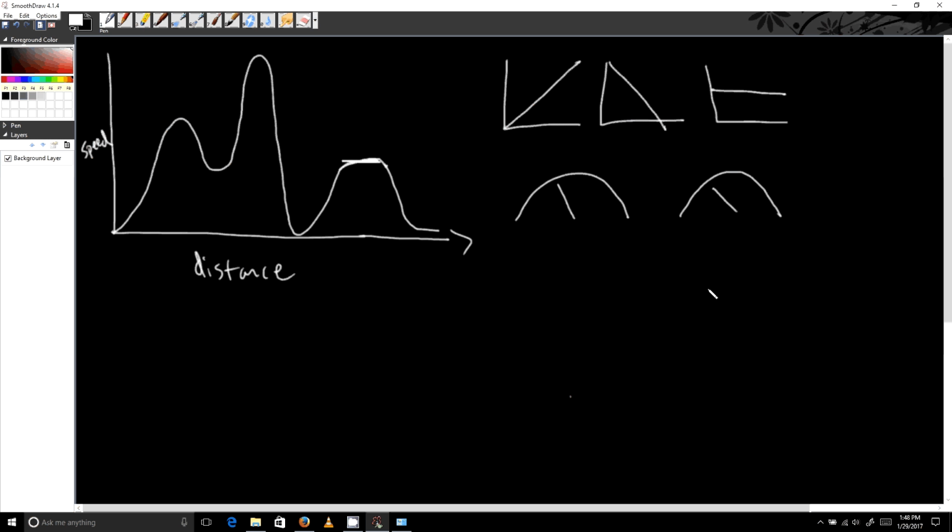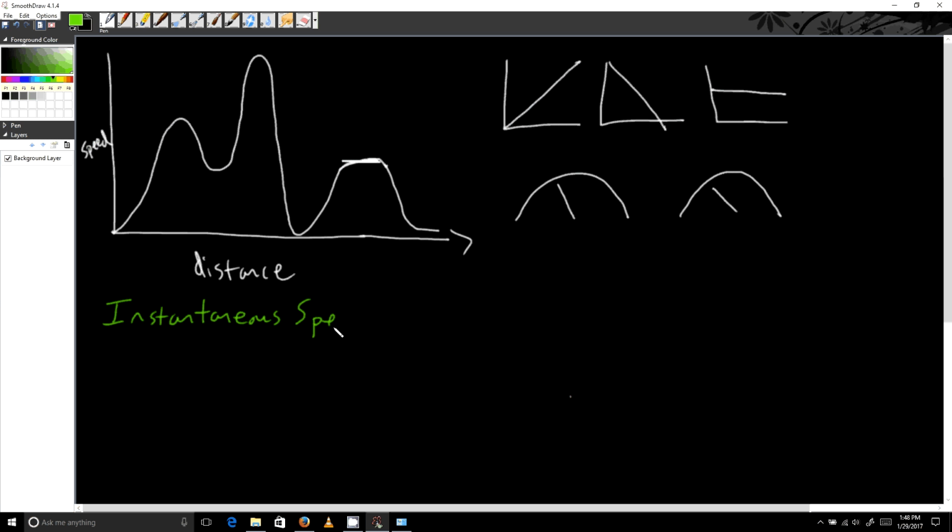So what does this mean for calculating speed? Well, there's two different types of speed that we care about. The first kind, the kind that we've really been dealing with other than constant, is what we call instantaneous speed.